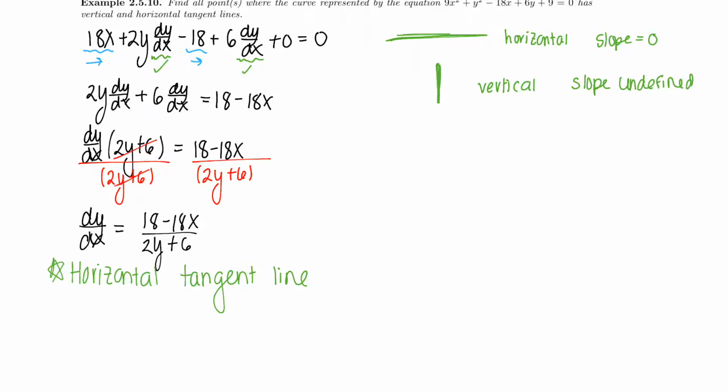Right? So thinking about what that means for the horizontal part, for the slope to be 0, you need to have the numerator be 0. The only way a fraction can be 0 is if the numerator and the numerator alone is 0. So it can't be 0 over 0, but when you have 0 in the numerator. So it's a horizontal tangent line when the numerator equals 0.